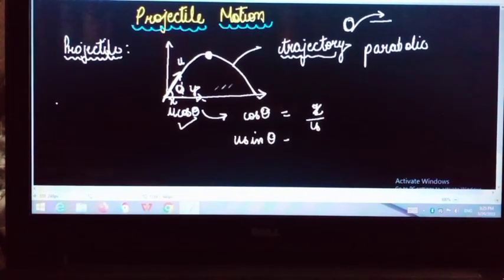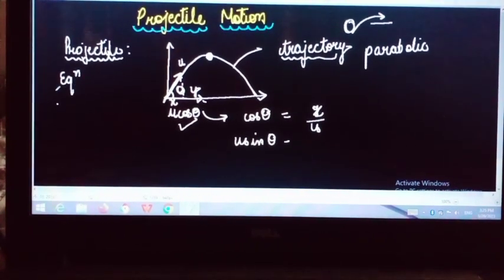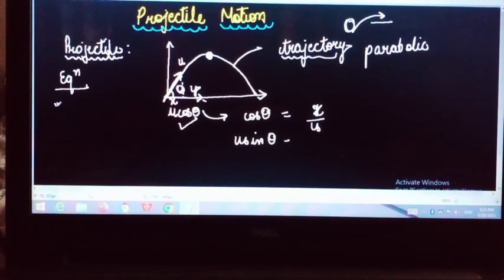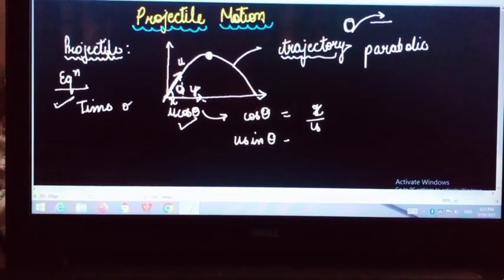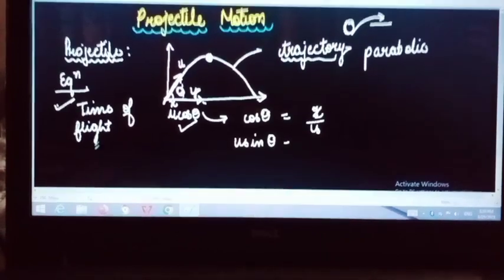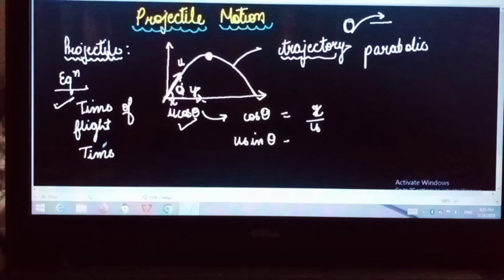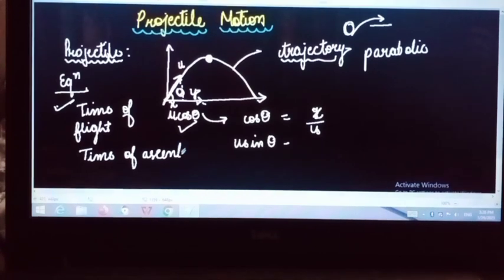Now let's obtain the equation of the parabola, but firstly we will think about some terms such as time of flight. Time of flight has two most important components, that are time of ascent and time of descent.